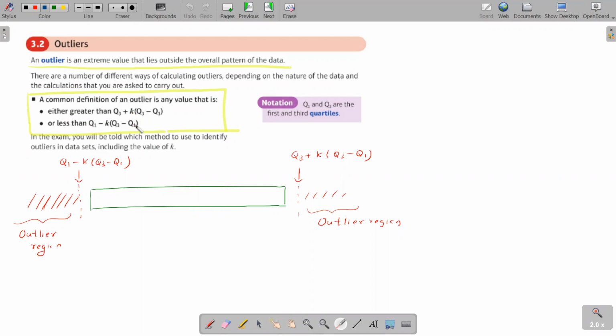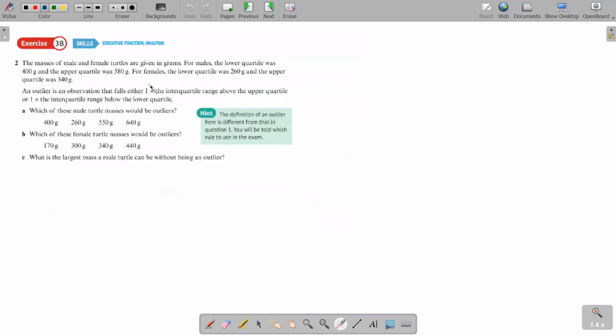So that's exactly what's happening now in our question. They have told us the K value, it was given as 1 times the interquartile range. Can you see an outlier is an observation that falls either 1 times the interquartile range, remember, interquartile range means Q3 minus Q1, above the upper quartile?